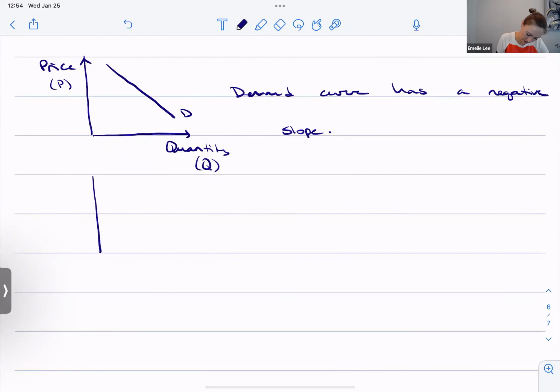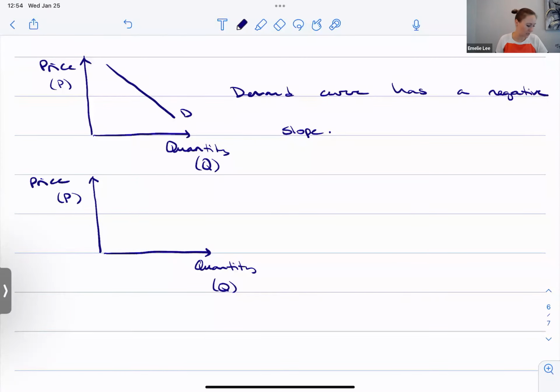Whereas on the flip side, right, depending on where you are in this business, we've got the same items on the X and the Y axis, the price and the quantity, but the supply curve is going to have a positive slope. So the supply curve, the supply curve has a positive slope.